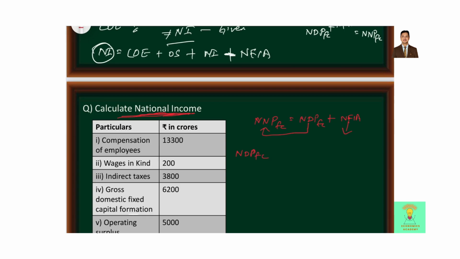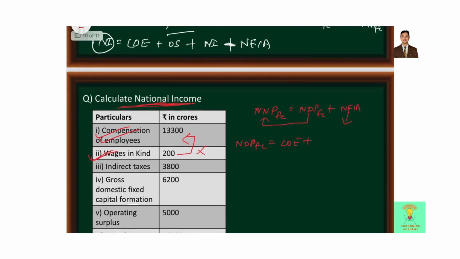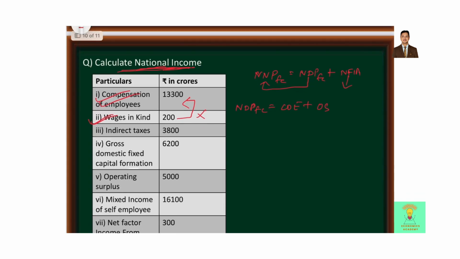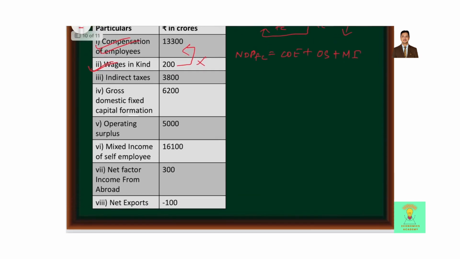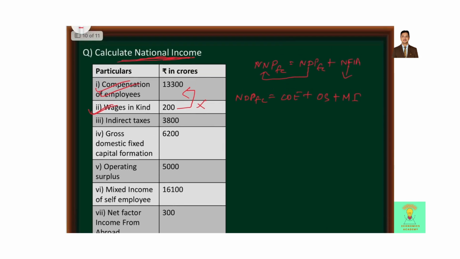Now what all we can include here in NDPFC. First we'll find this compensation of employees plus wages and salaries in kind, which is already included in this, so we'll not include it here. Operating surplus, which is rent, royalty, profit, interest, mixed income of self-employed, and net factor income, that we can add later on. So first we'll find the NDPFC.